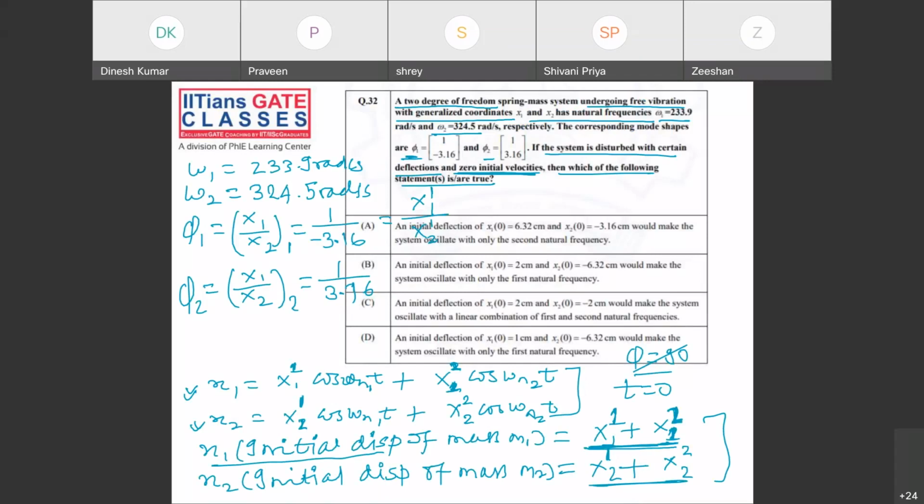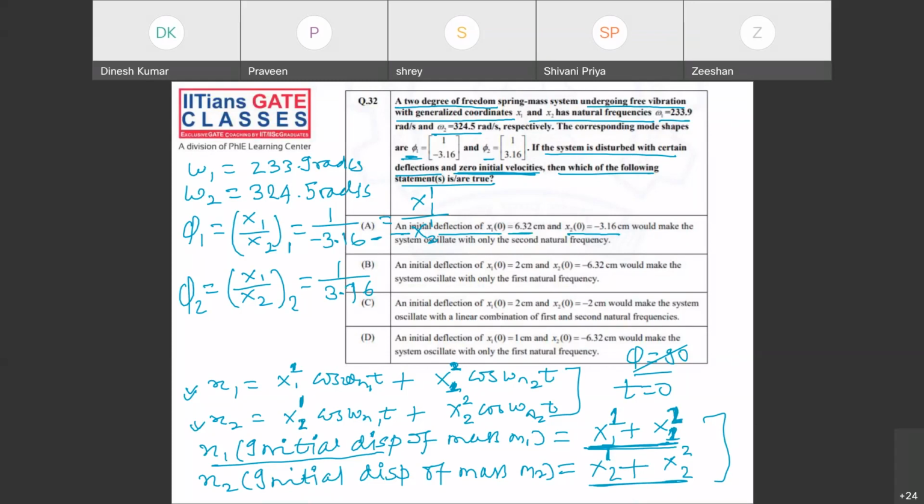Now to solve this question, we will go option by option. So look into option 1. What is given? An initial deflection of mass m1 is 6.32, and for mass m2 it is minus 3.16.